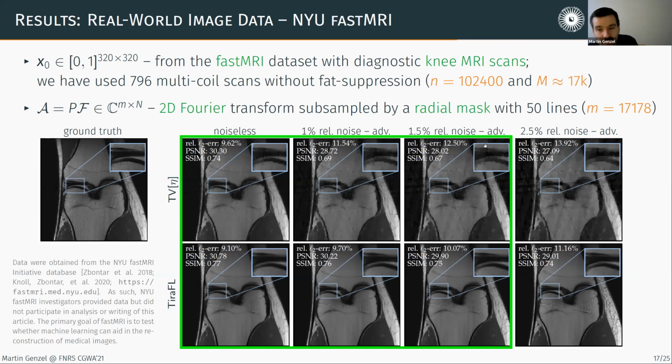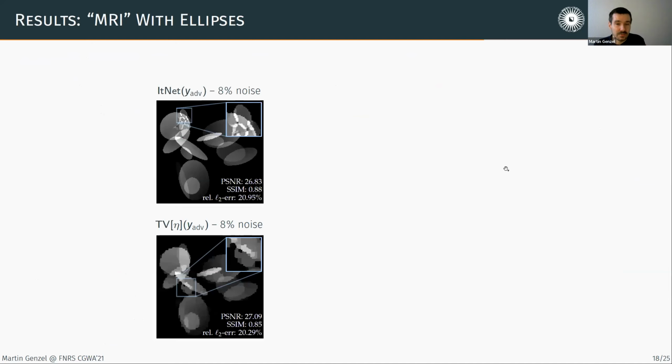Okay, for this, let me show another experiment. That's for the ellipses, but you can also reproduce this for the fastMRI setting. I think it becomes a bit clearer here. Again, you see some perturbed reconstructions, for the highest noise level that can be considered for these ellipses, the one for the iterative network and the one for TV minimization. Again, you can clearly see this oil painting effect.